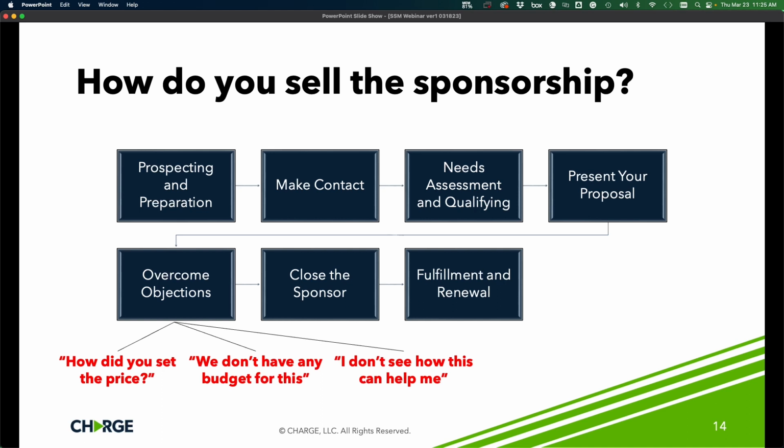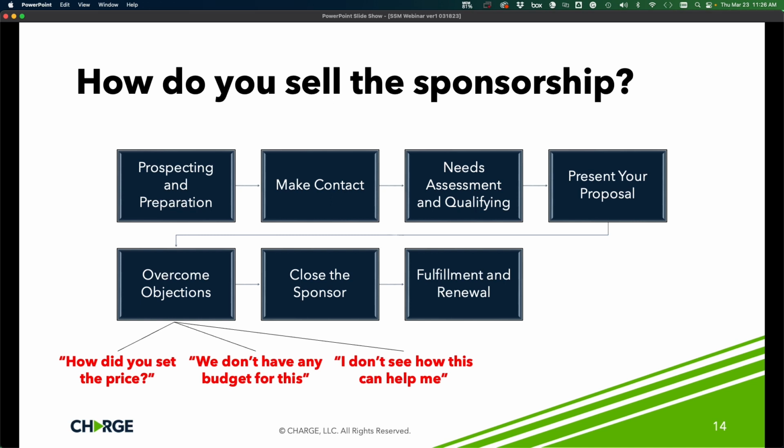I don't see why it's worth $100,000 as a rights fee for this sponsorship. Or, we don't have any budget for this, which is a false objection because often they do have budget for things they want to do, but either this is a brush off or they're just too polite to say no.